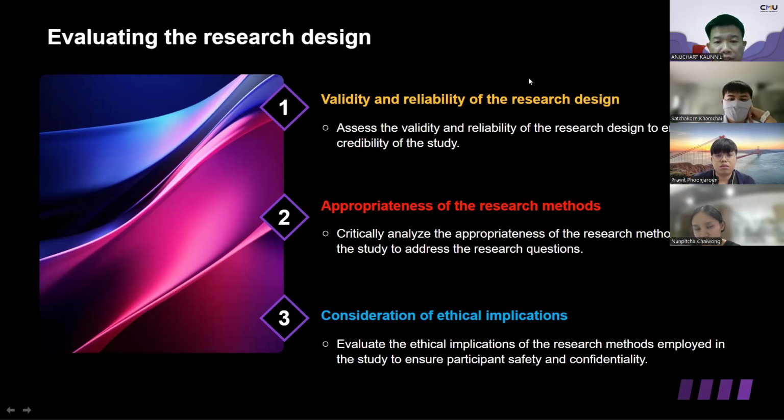Second is the appropriateness of the research method. The approach of the research method is very important. Critically analyze the appropriateness of the research method used for the study to address the research question. It is like the way that we go on a journey: if we don't have a tool, it's very hard to find the direction.